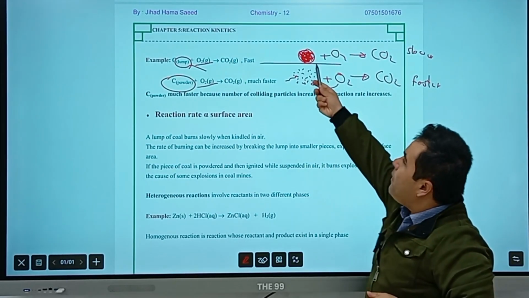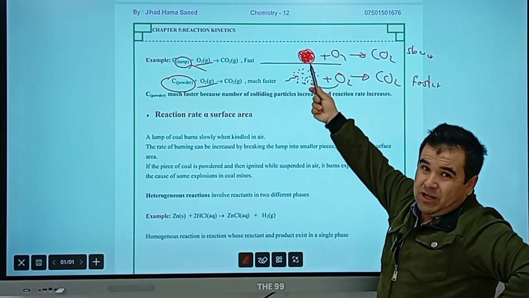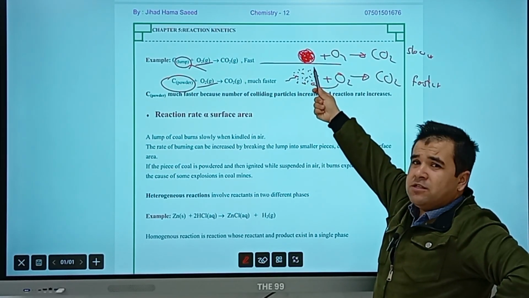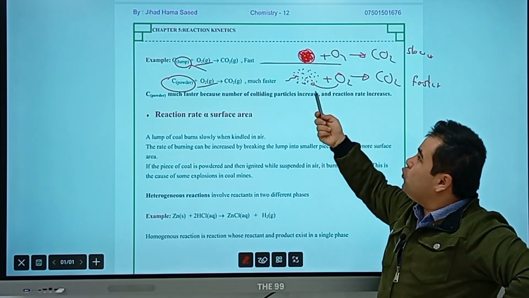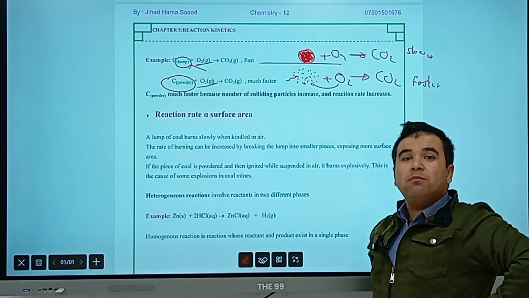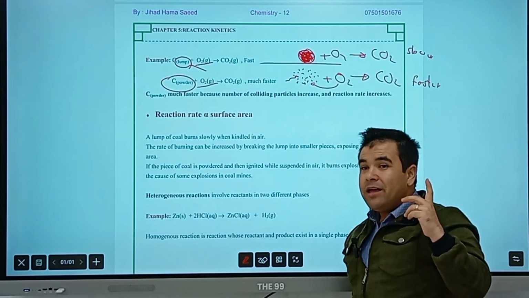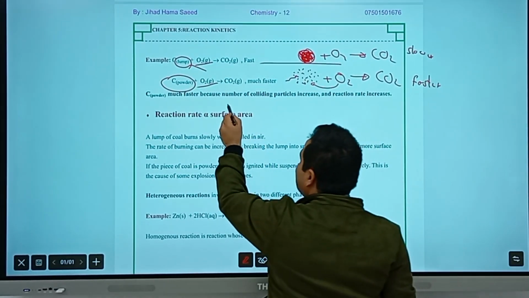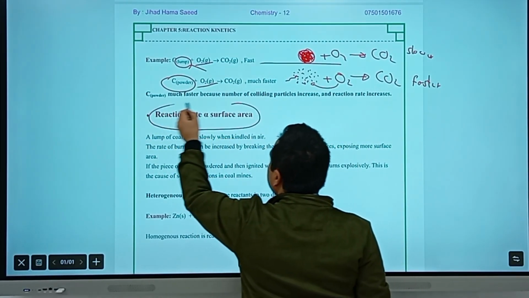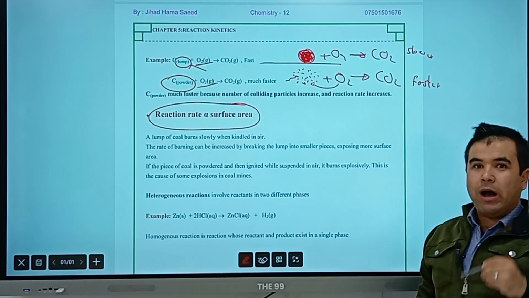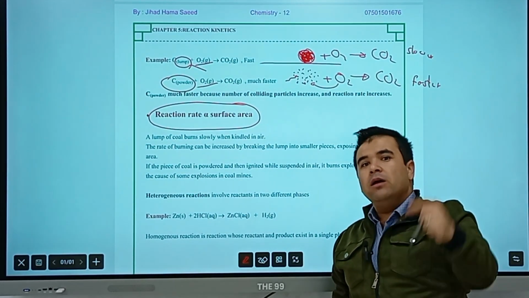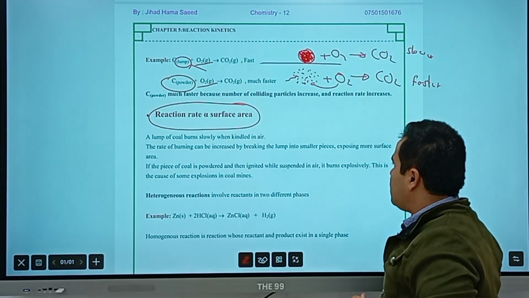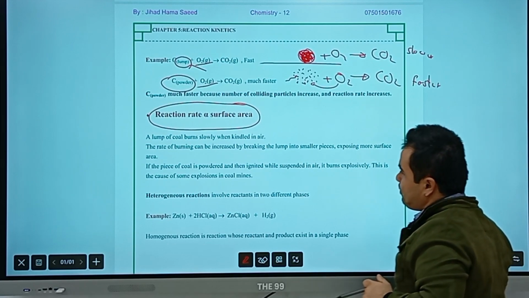So a lump of carbon burns much slower than the powdered one because the powdered one has a much higher surface area. The reaction rate is directly proportional to the surface area. So as we increase the surface area, that increases the reaction rate as well.